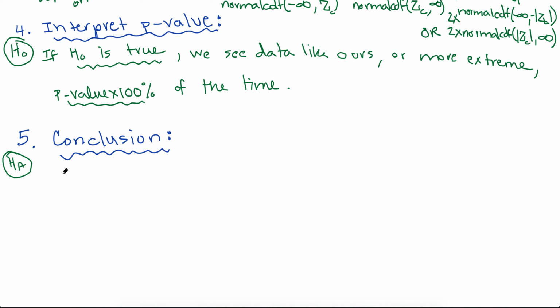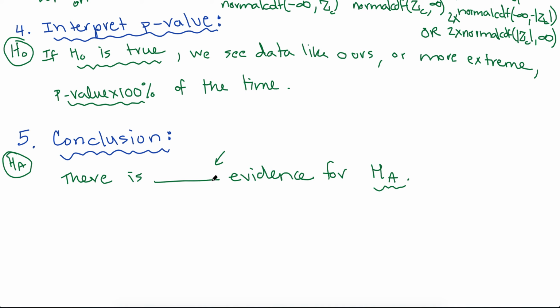So here, your wording, again, always in terms of HA, it should be something like this. There is some kind of evidence for HA, and again, HA, put your research question in context of the problem. How much or how little evidence you have for your research question depends on your p-value.